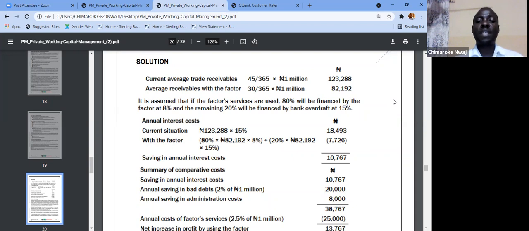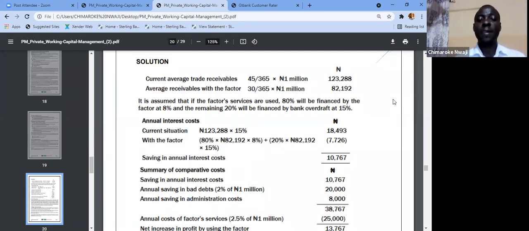Now, when the debt factor comes in, they reduce it to 30 days, and your receivables is reduced to 82,192. Now, it is assumed that if the factor service is used, 80% will be financed by the factor at 8% cost, and the 20% will be financed by the bank overdraft.